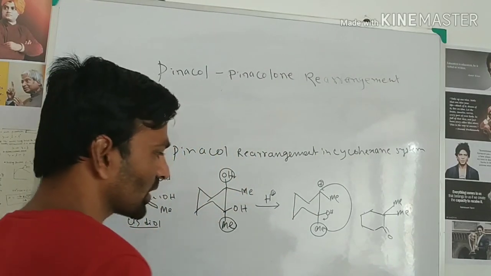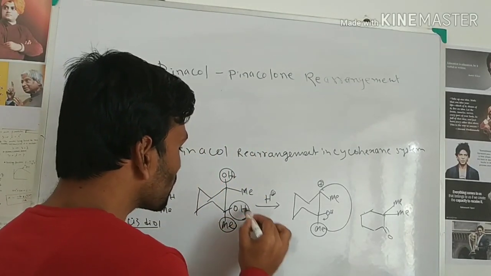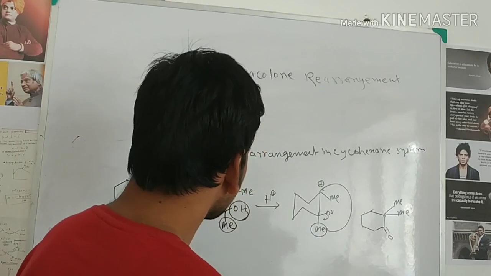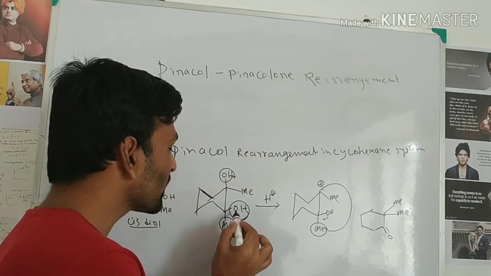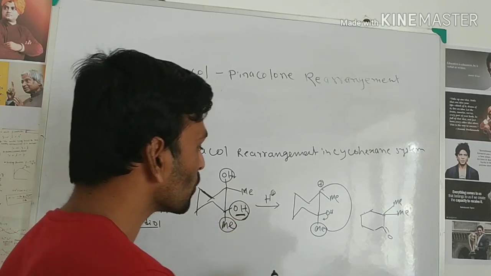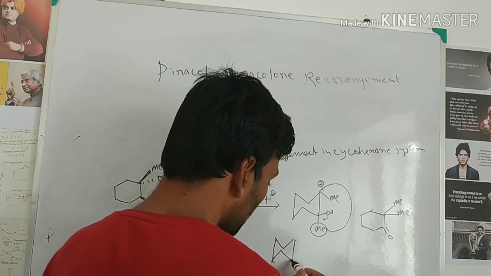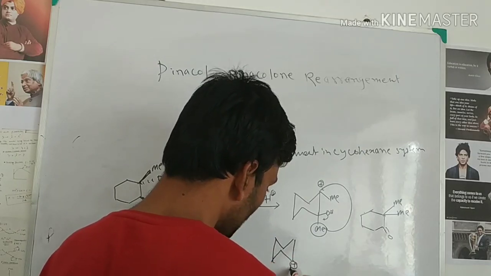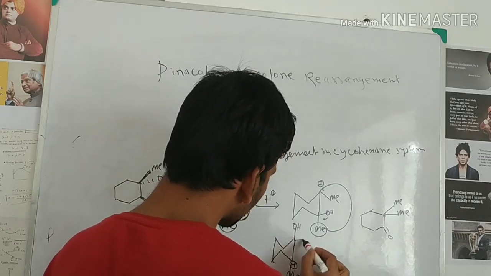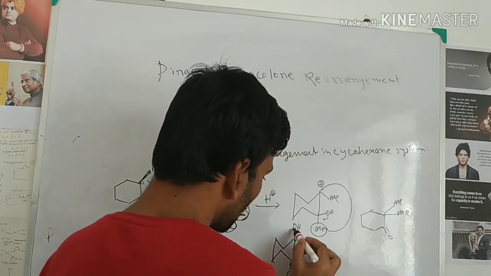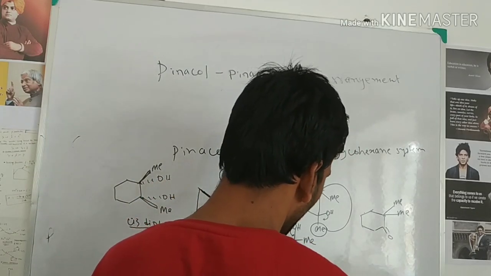Okay. Now, if this group is protonated and this bond is anti-periplanar with this group, so if the carbocation forms here, this bond shifts here.